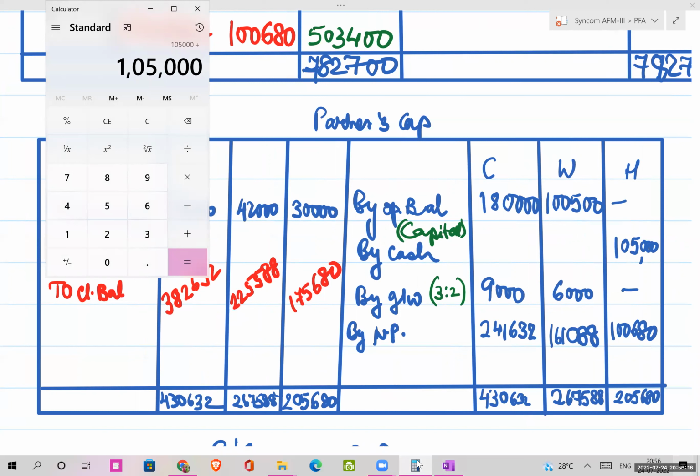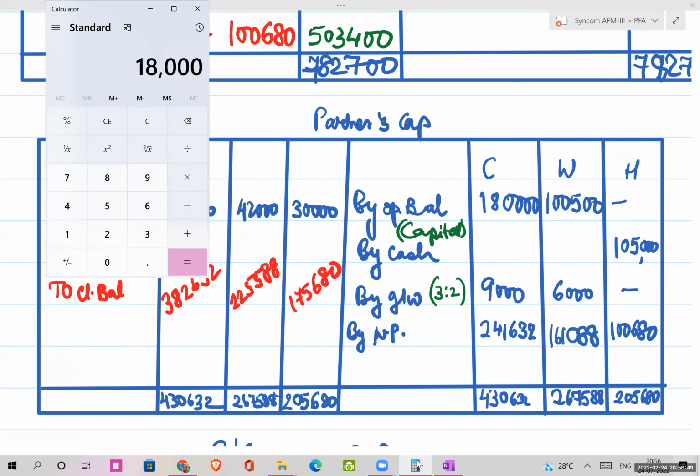1,05,000 plus 1,00,680 minus 30,000 gives 1,75,680. Next, 1,05,000 plus 6,000 plus 1,61,088 minus 42,000 gives 2,25,588.